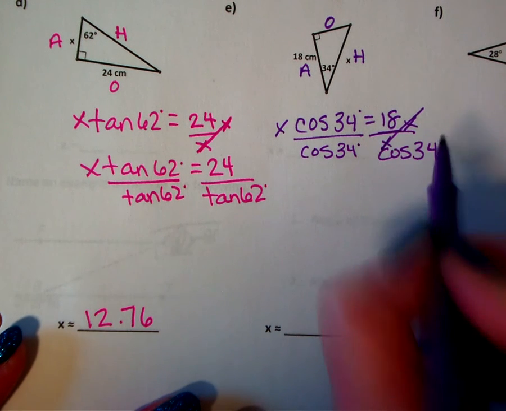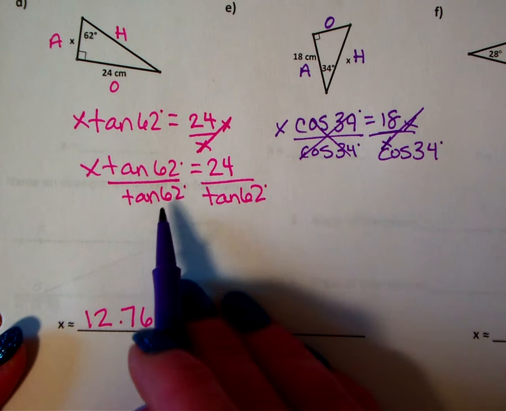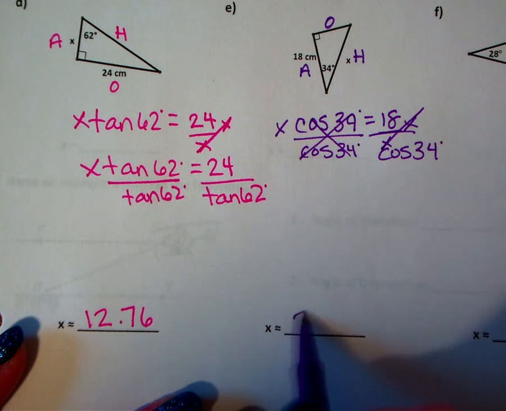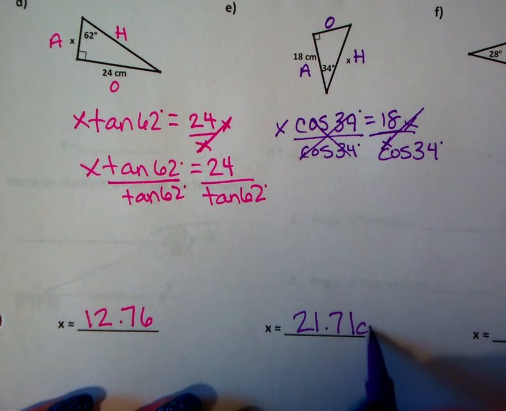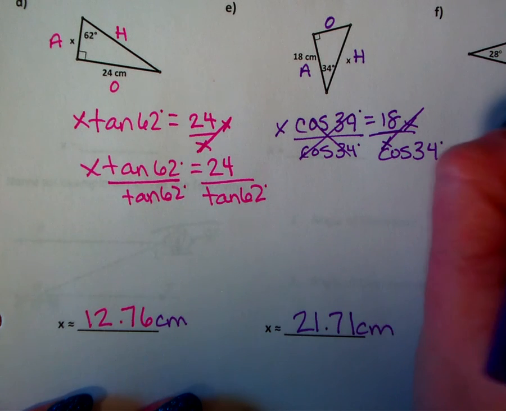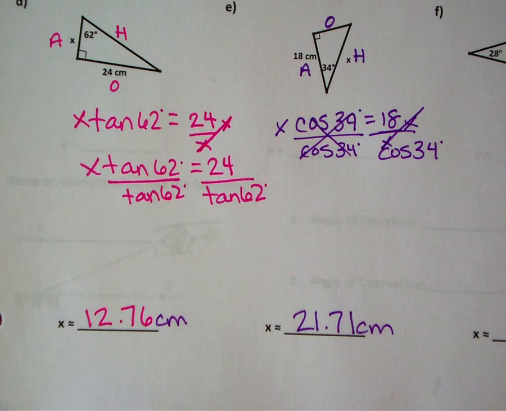And if you want to rewrite that as a separate statement, you can certainly do that. Like I did on this one, I rewrote it, okay? Or you can do it this way, it's fine. And to the nearest hundredth, you get 21.71. I guess I should be putting centimeters on all of these because they're giving us a measurement. So I'll put centimeters on that.